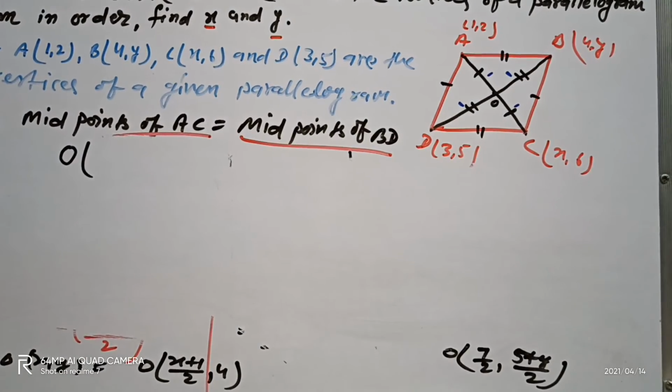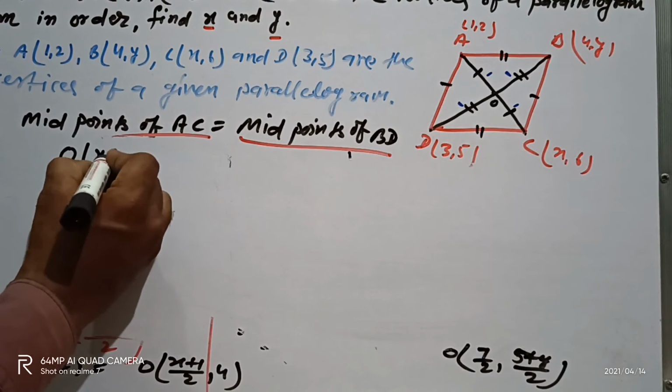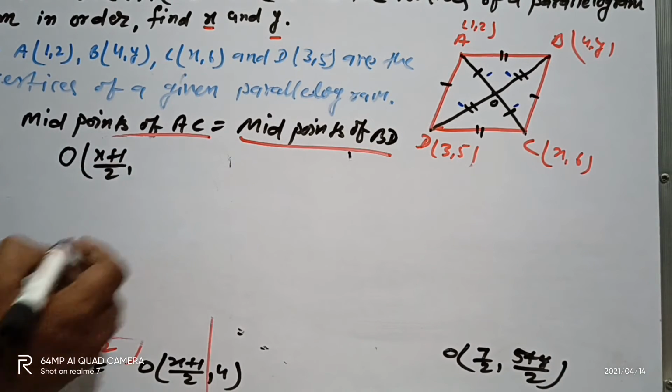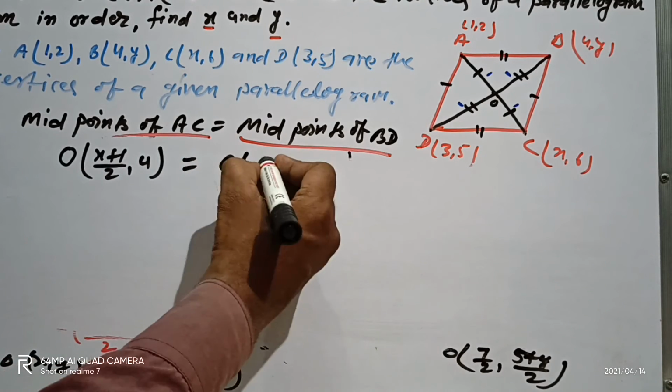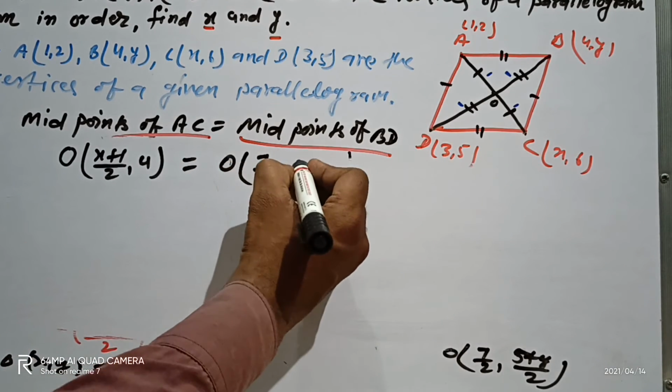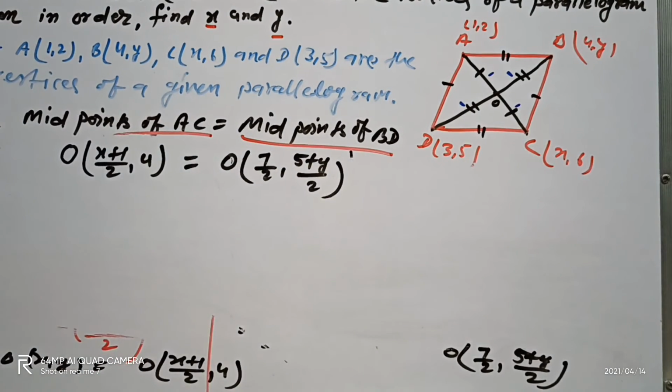So finally, we have got the midpoint of AC, its coordinates given here as (x + 1) by 2, comma 4, is equal to the coordinates from the other diagonal, 7 by 2, comma (5 + y) by 2. So now both sides are equal, so we can sort out this problem.